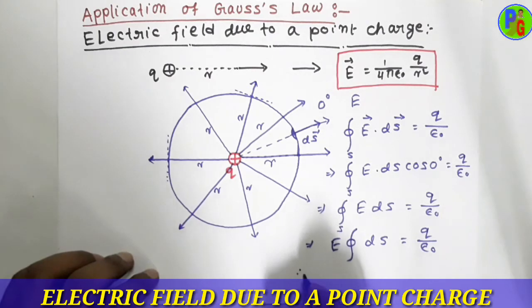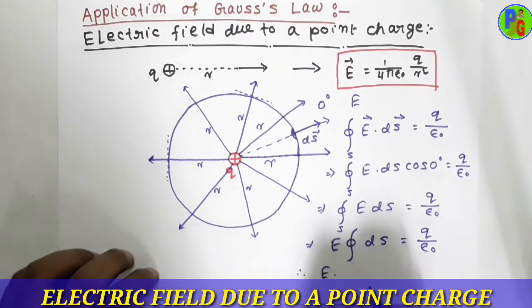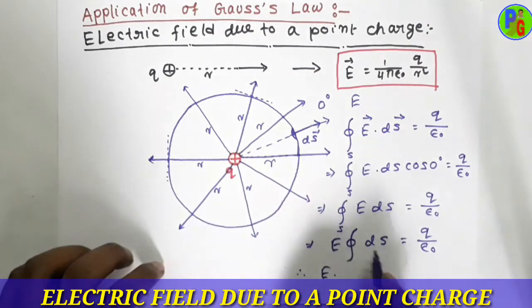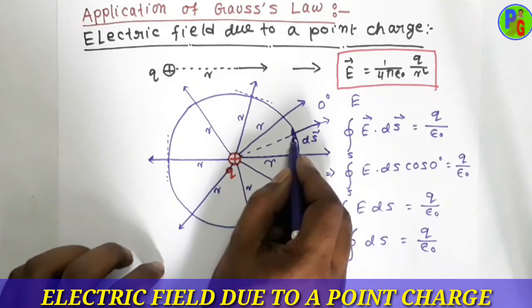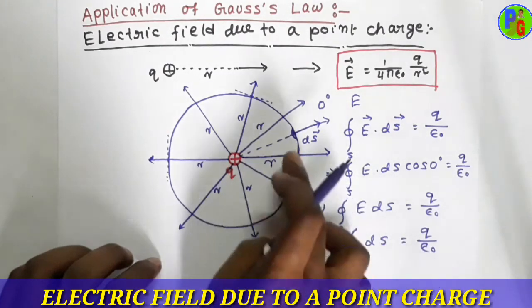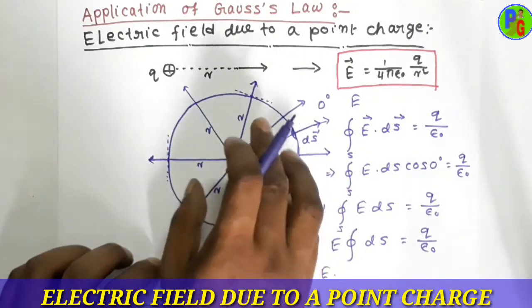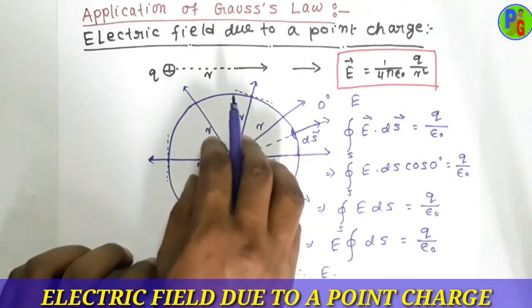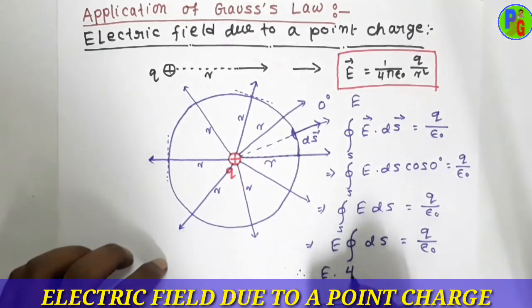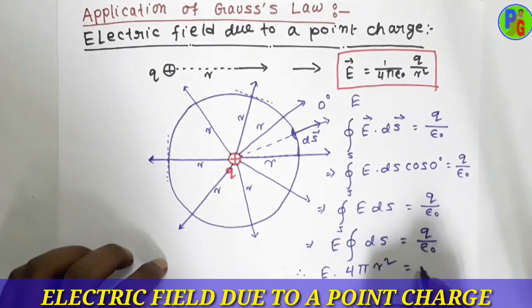Now it becomes very easy: the electric field is outside the integral, and ds is a small surface area. If you integrate this surface area all over the sphere, this gives the total surface area of the sphere. That is, for a sphere it becomes 4 into pi into r square. It is equal to q by epsilon naught.